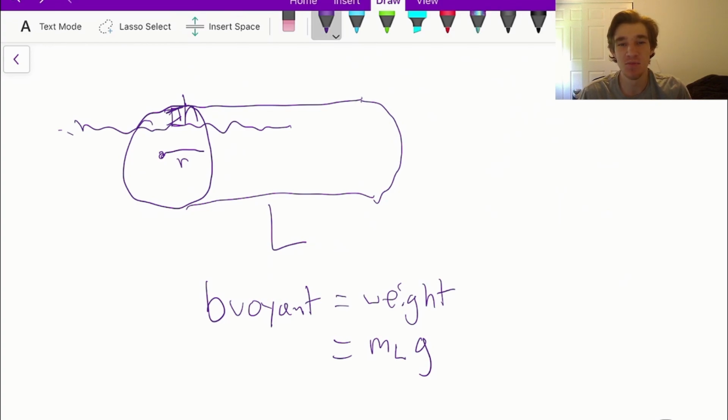And we know that the buoyant force is equal to the weight of the fluid displaced. So this means the mass of the water times the acceleration due to gravity. So these two g's can go ahead and cancel out.